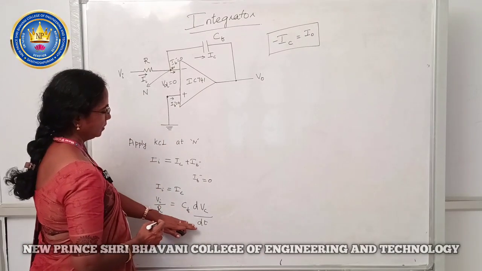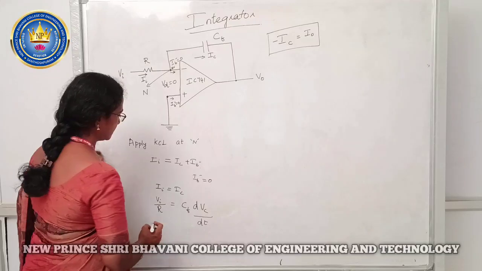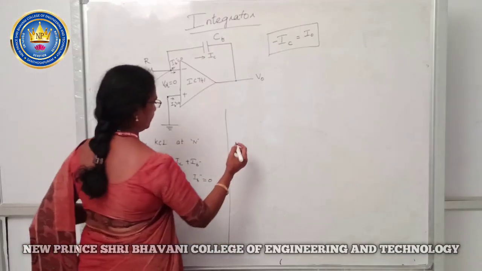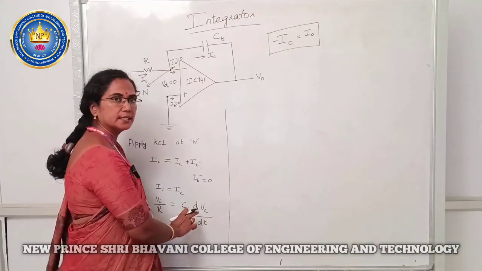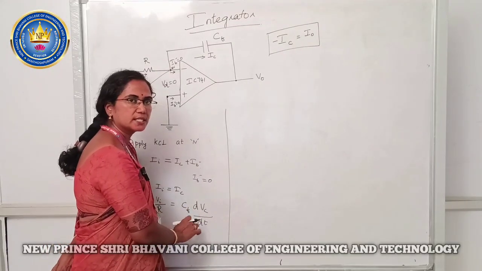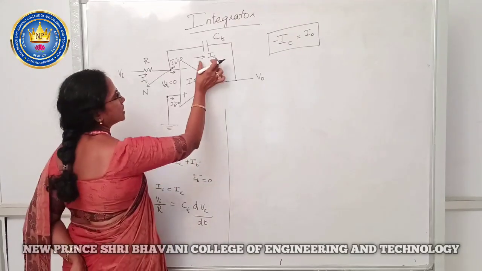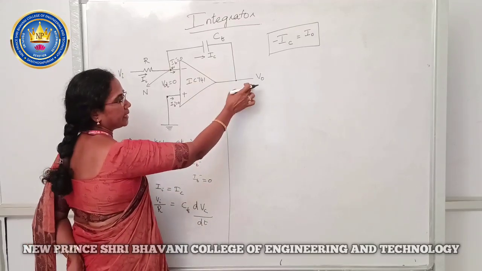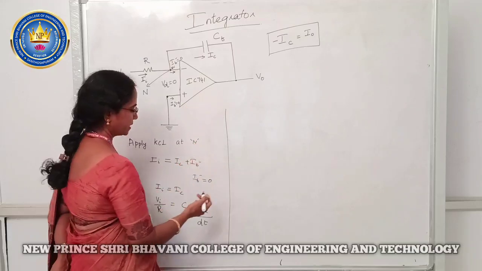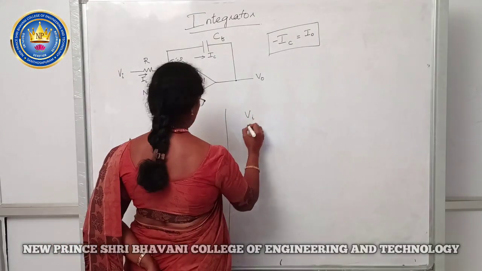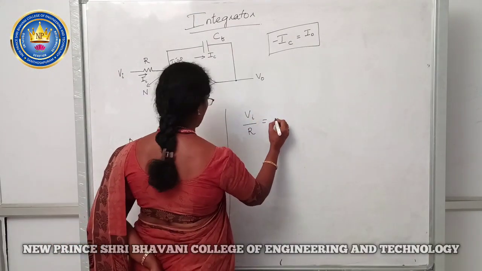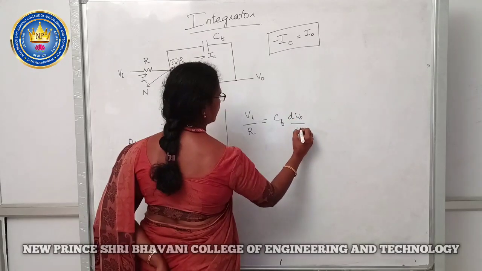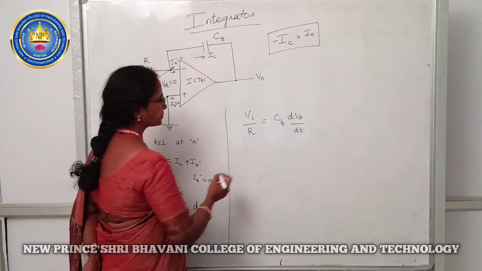This is the voltage across the capacitor, and if you want to calculate the output voltage, we have to write this capacitor voltage in terms of the output voltage. The capacitor voltage will be equal to the output voltage, but in the reverse direction. So, I am writing this as VI by R is equal to CF dVO divided by dt.